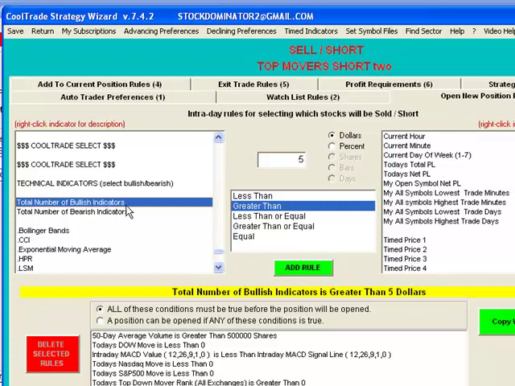These bullish and bearish indicators look at all these indicators and compare numbers, and it'll say, based on this indicator, the stock looks bullish, bearish, or neutral.